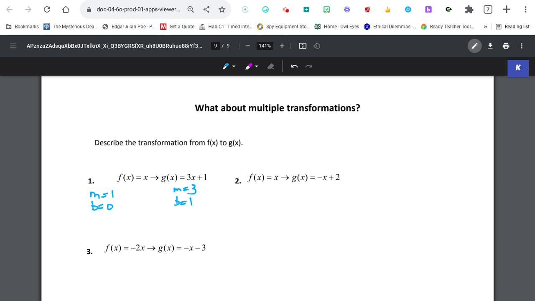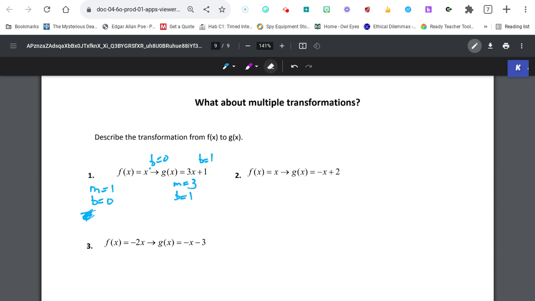So first I'm going to start with the y-intercept. Here b is 0, here b is 1. I'm going to say that f of x is translated 1 unit up.